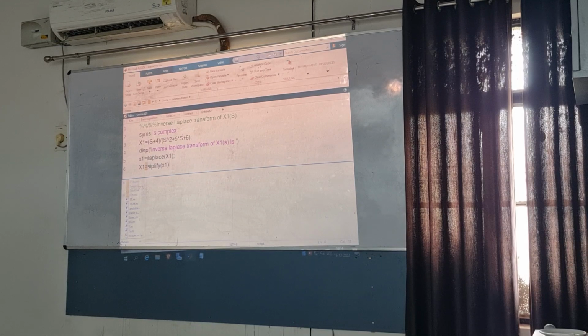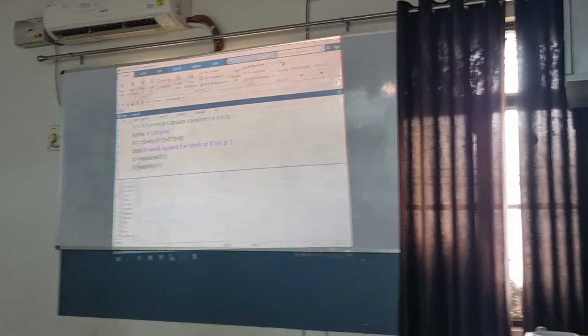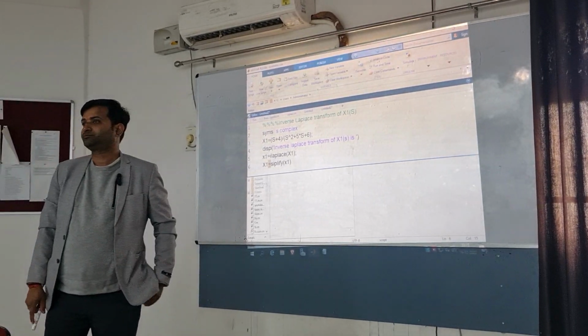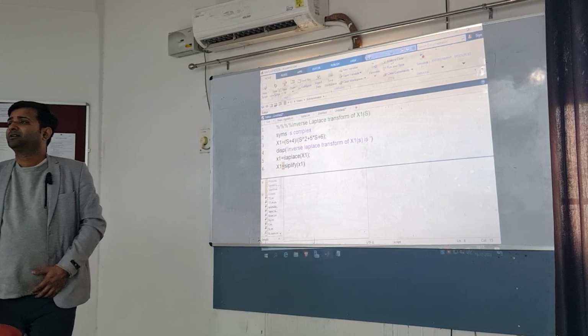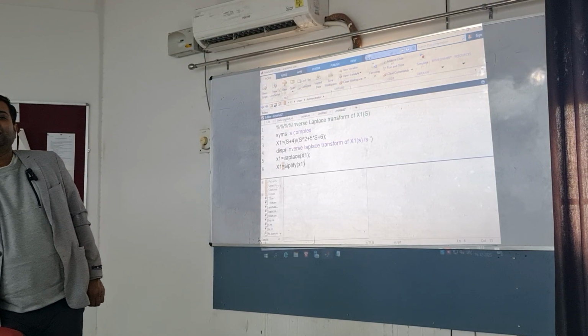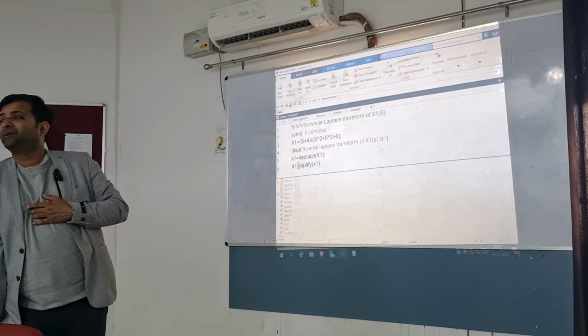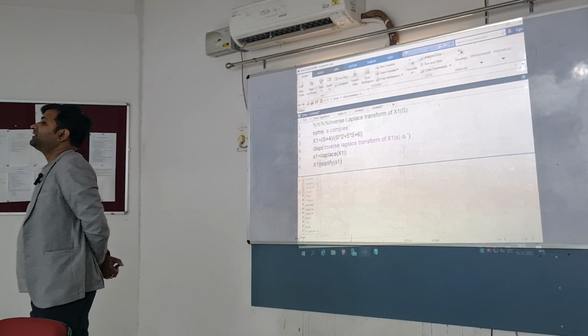In the previous lab today, I discussed the inverse Laplace transform, the use of MATLAB to find the inverse Laplace transform. In the previous lecture, you wrote the MATLAB code to find the Laplace transform of the given signal, the Laplace transform of the standard signals.